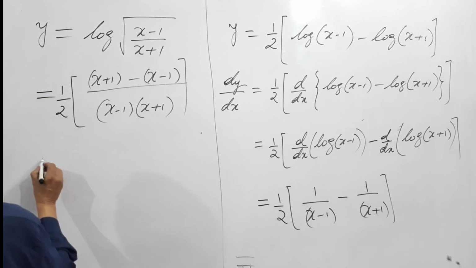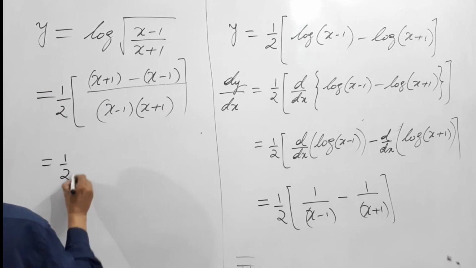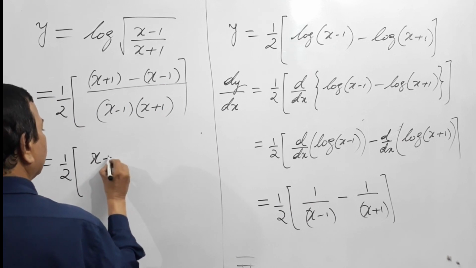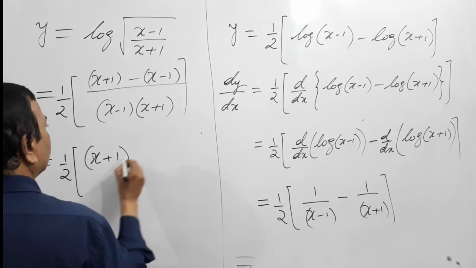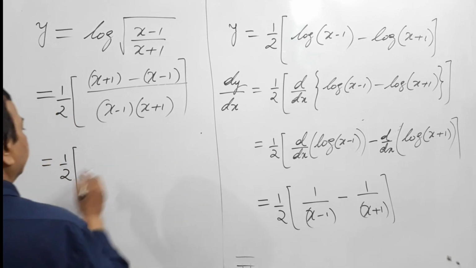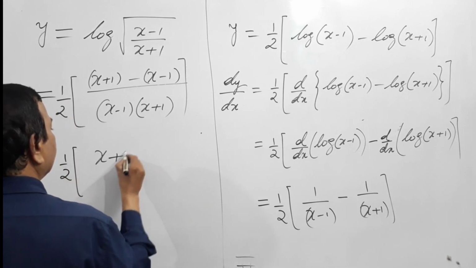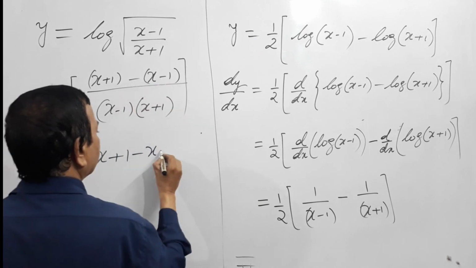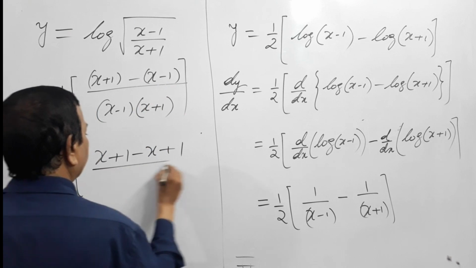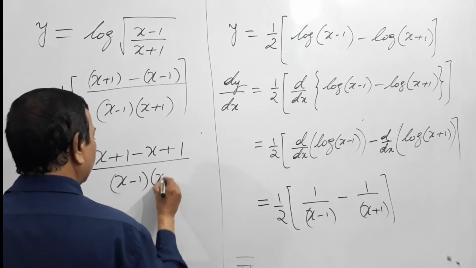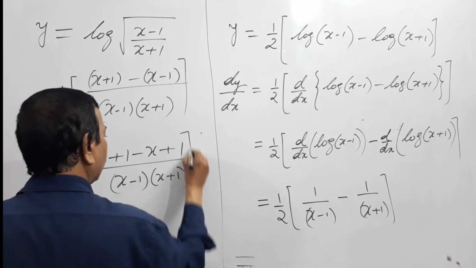So we will simplify this. This becomes half into, we will remove the brackets, x plus 1 minus x, I'll remove the brackets straight away. This is x plus 1 minus x, minus into minus plus 1, divided by x minus 1 into x plus 1.